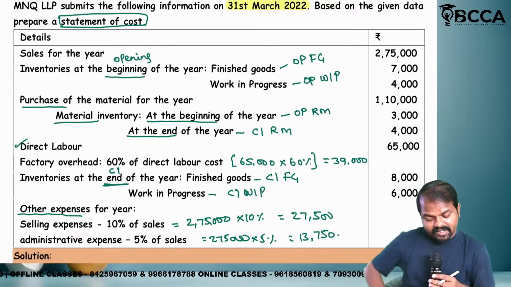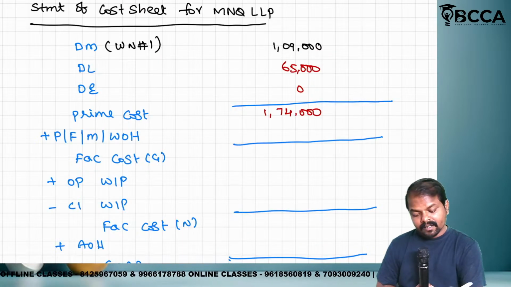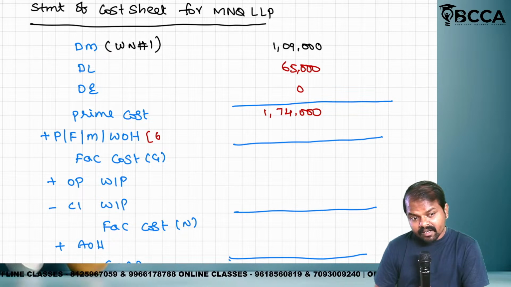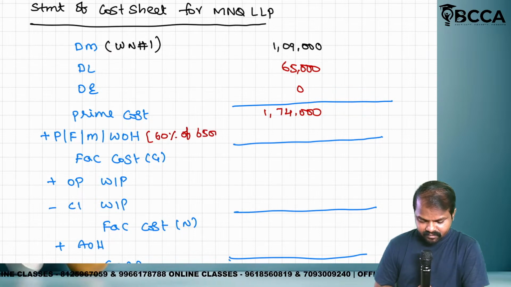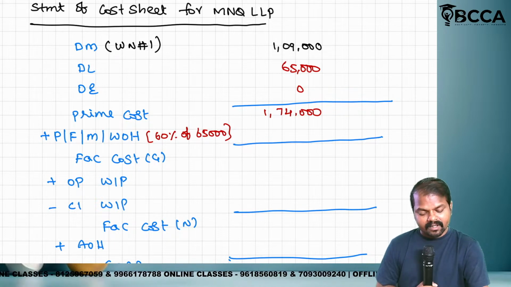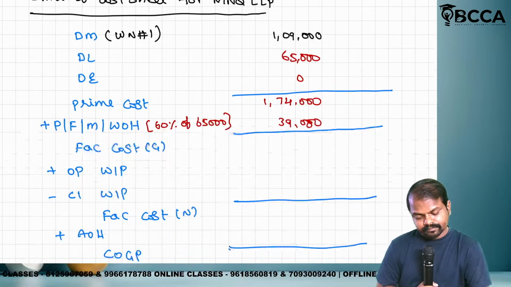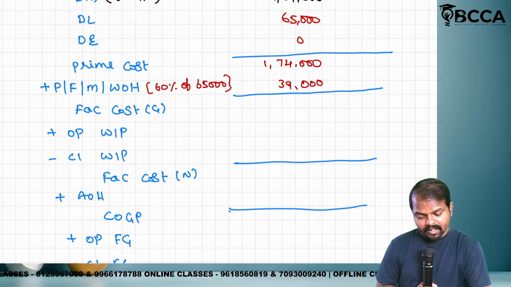Please check, POH is there? Yes. How much? 60% of 65,000. How much ma? 39,000. And now tell me, 2,13,000.